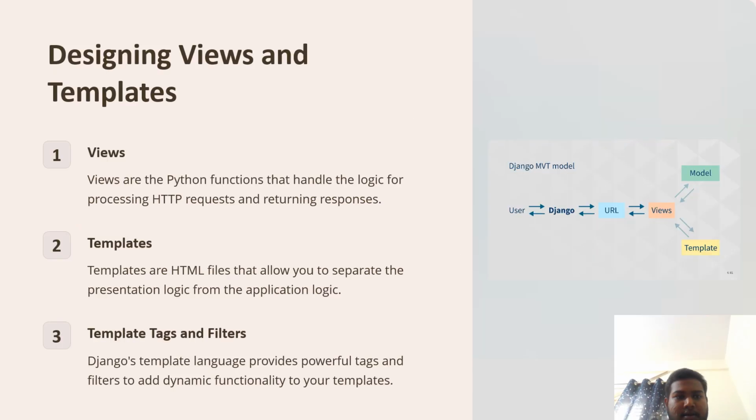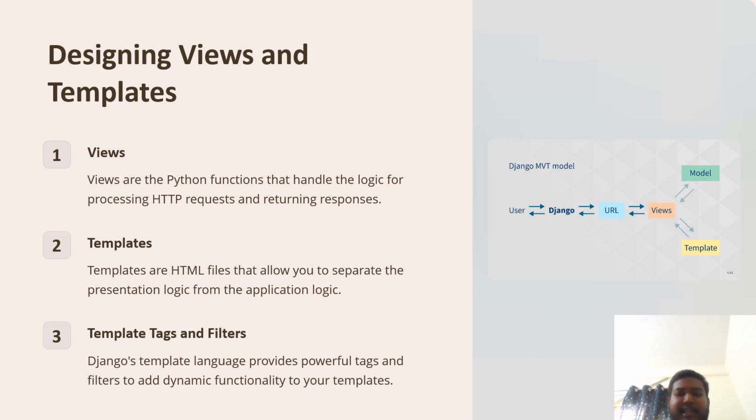Next, now we'll see designing views and templates. In designing views and templates, in the Django MVT model, you can see the user sends a request to Django, the URL goes to the view, and it goes to the model and templates. It will be reversed, as you can see in this diagram.